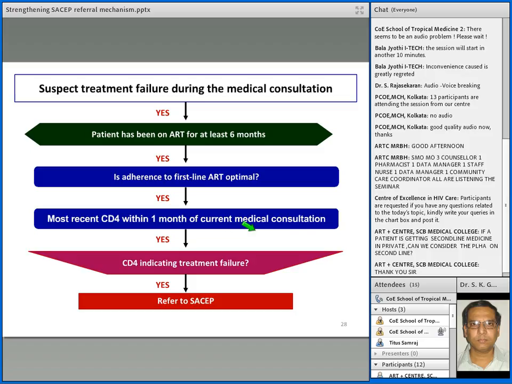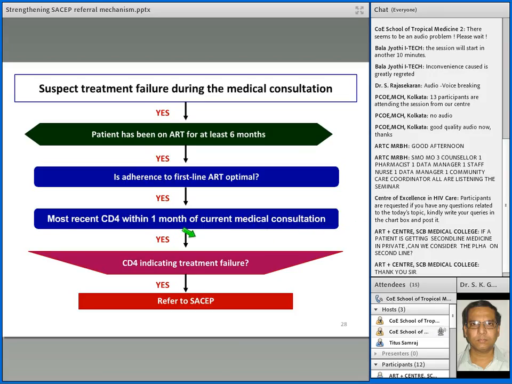You are suspecting someone of having a treatment failure either clinically or immunologically. The CD4 count you see was done 3 months back. Do check the CD4 count on that particular day. Don't give him another day for a CD4 count. This is a thing that you can actually improve, and it can delay the referral also.